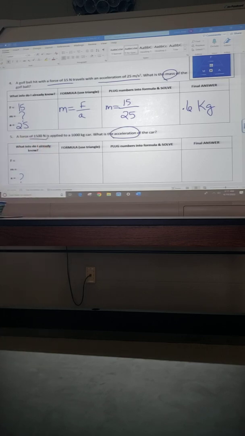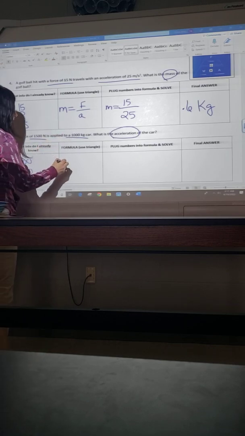And let's see, Breeze, give me something else. 1,000 kilograms. Okay, so which one is my force? Audrey? 1,500. Okay, and then that leaves our mass as our 1,000.